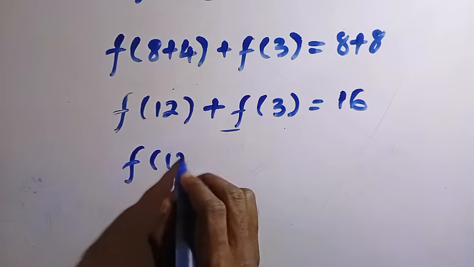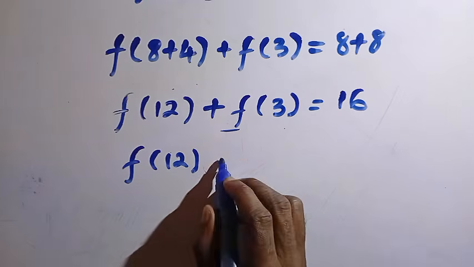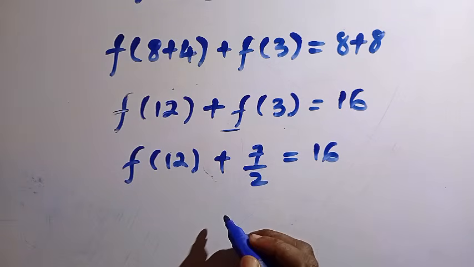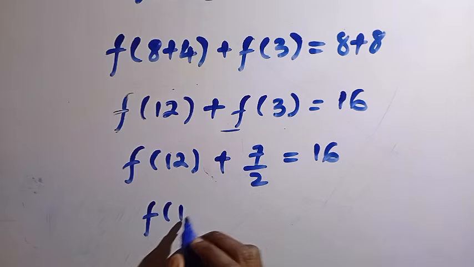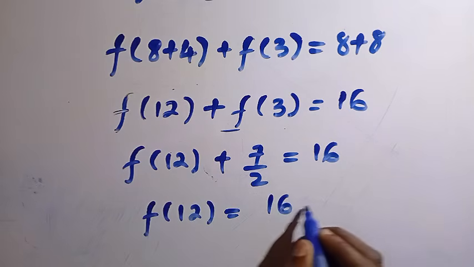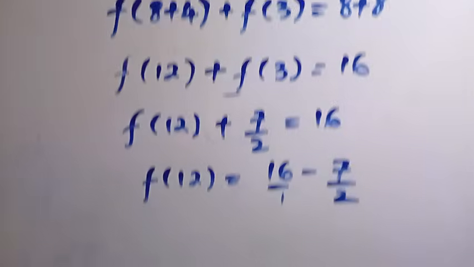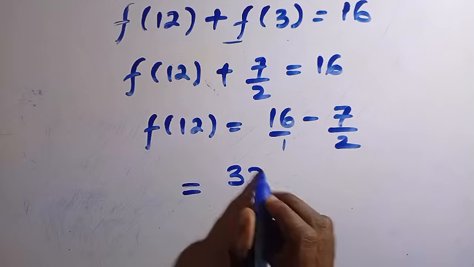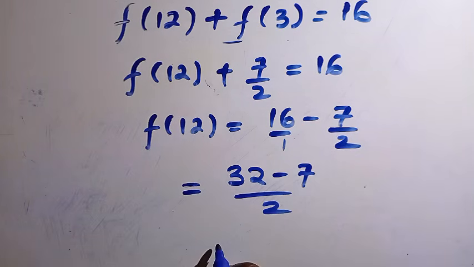And then we have f of 12 plus 7 over 2 equals 16. Then taking 7 over 2 to the other side, this gives us f of 12 equals 16 minus 7 over 2, and this is 16 over 1. So we take the LCM of this, and we have 2 multiplied by 16 gives us 32 minus 7 divided by 2.